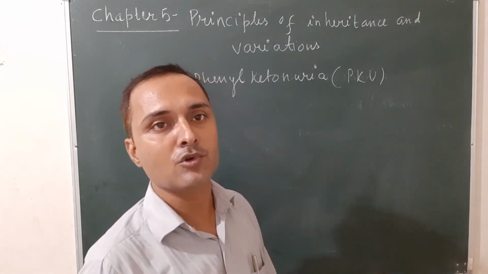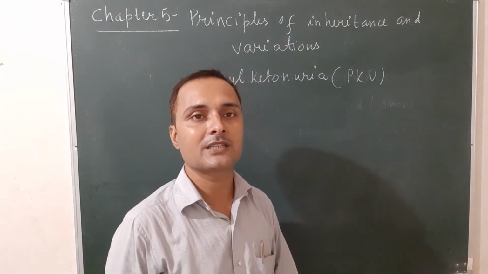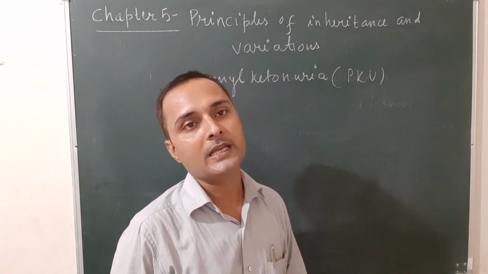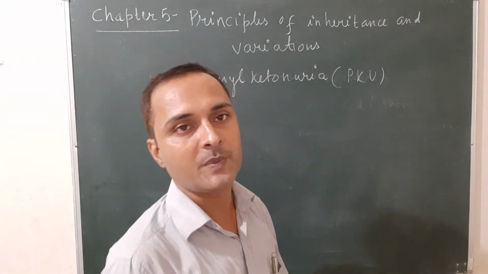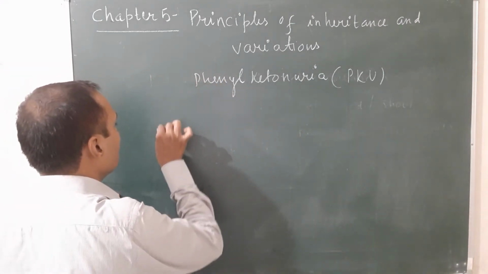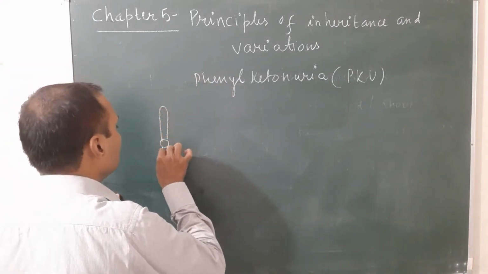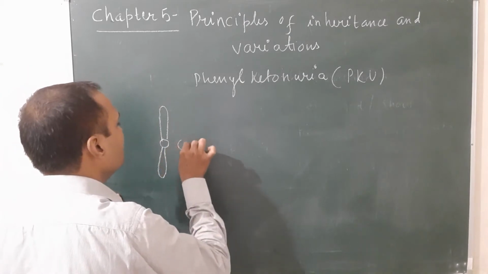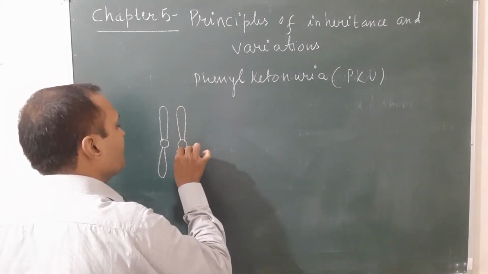This effect is more than one, so it is known as pleiotropic, and such type of gene is known as pleiotropic gene. Let us see how phenylketonuria is an example of pleiotropy.